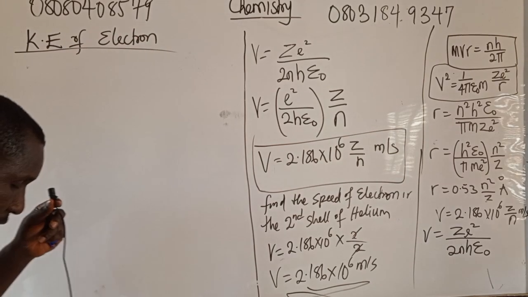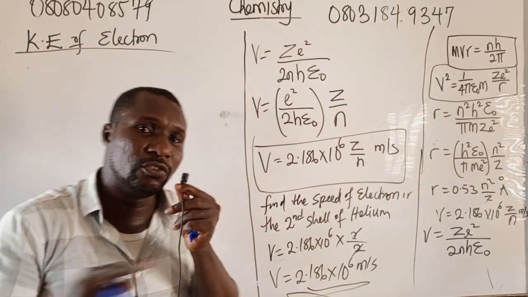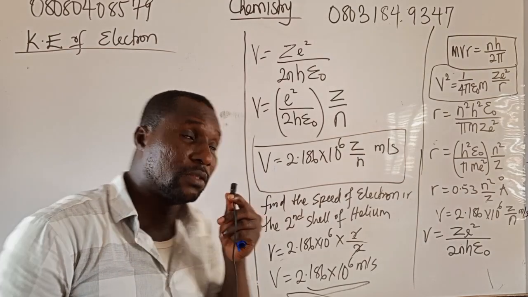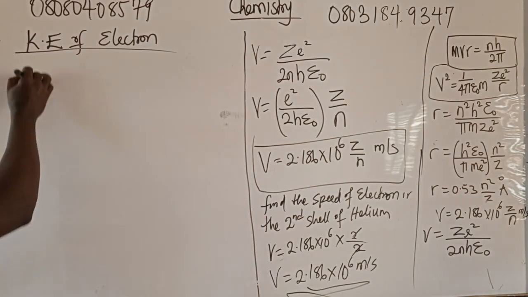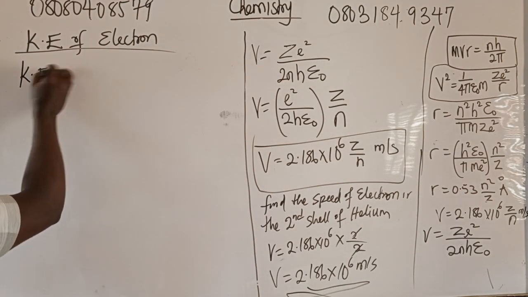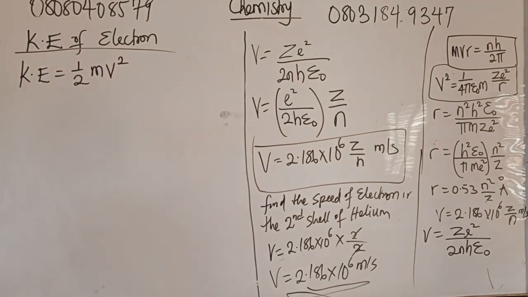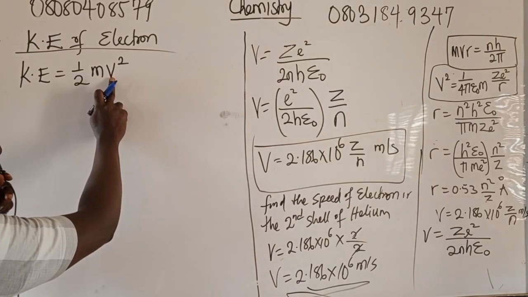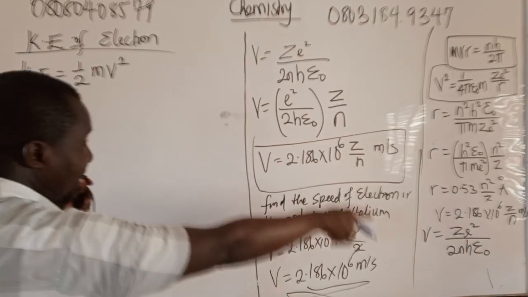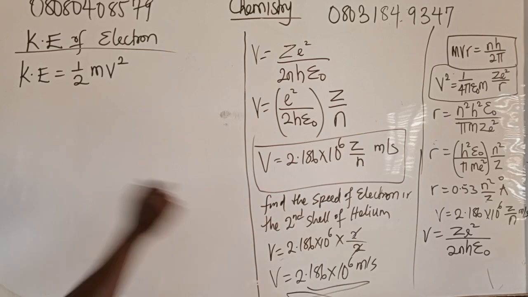Don't forget, an electron that moves around the nucleus possesses kinetic energy. What is the formula for kinetic energy? We have half m v squared. That means, what is the velocity of the electron? That's why I said I need that formula.